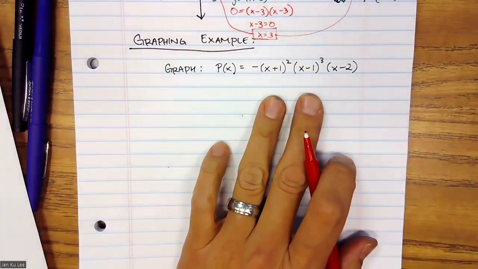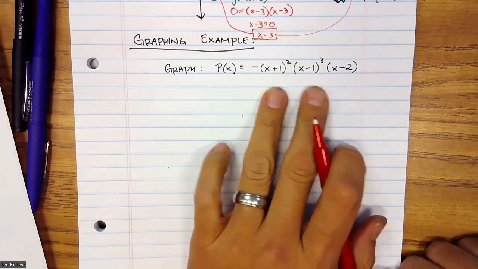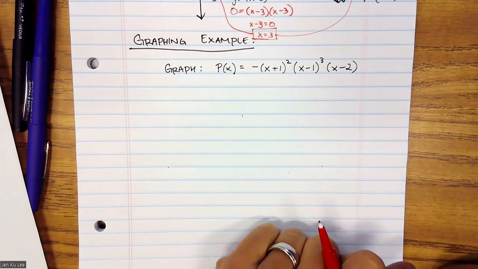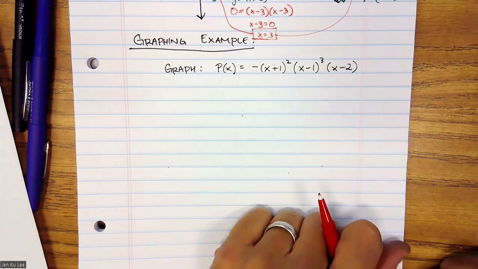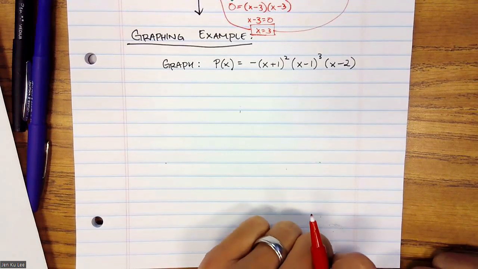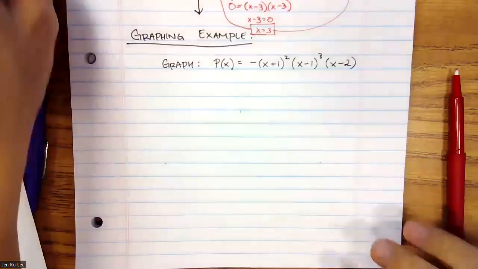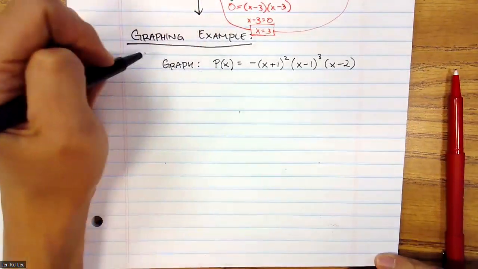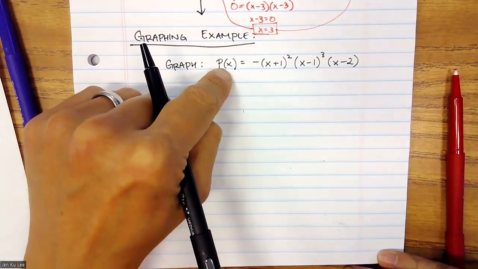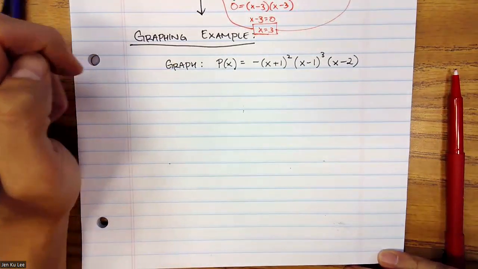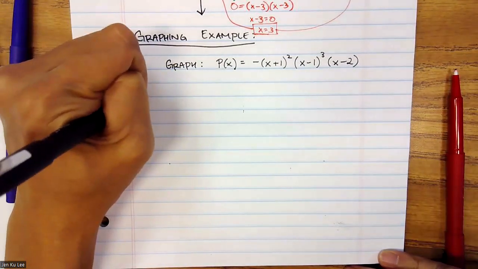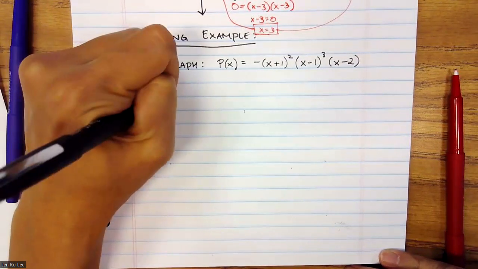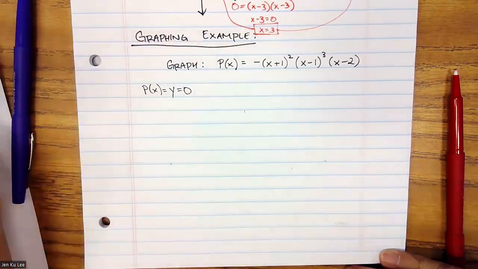So here, it's already factored for you, so you don't need part A of your directions. Sometimes it'll be unfactored, and you just have to take some time to factor it out. And we'll do some practice in class. Don't worry about it. I'm going to find my x-intercepts first by making p of x or y equal to 0.